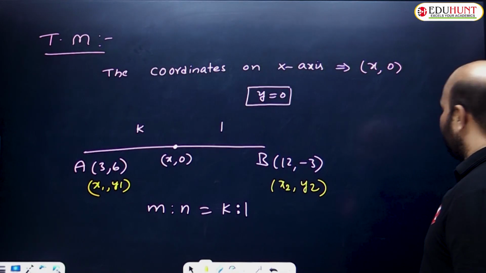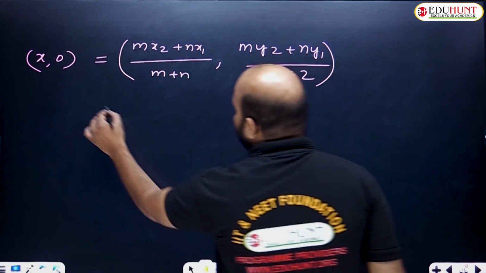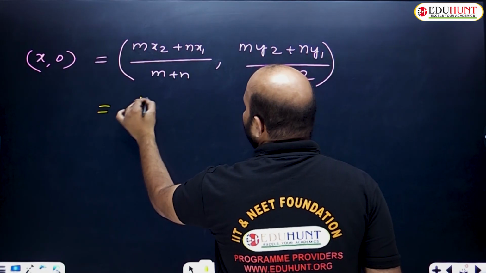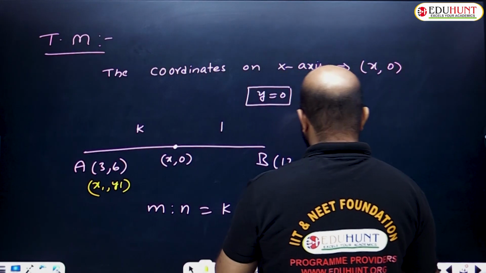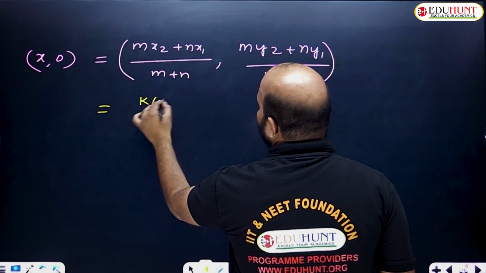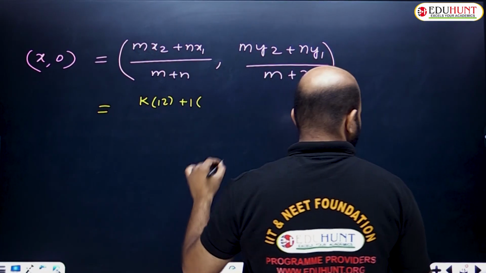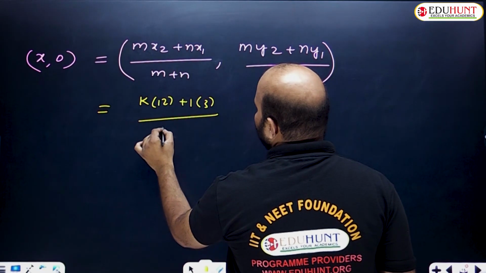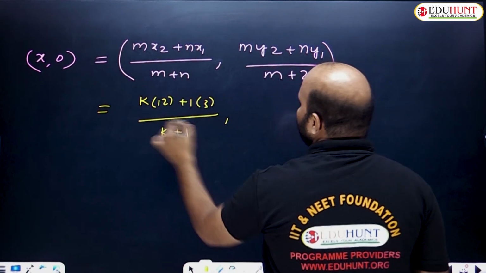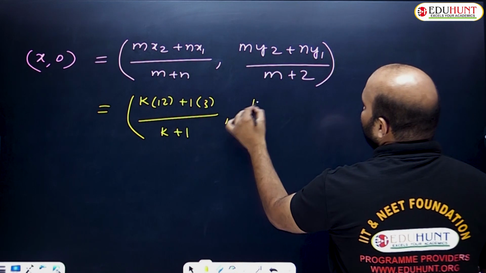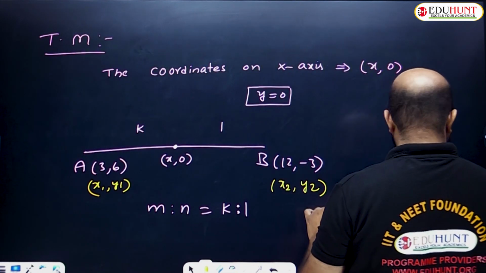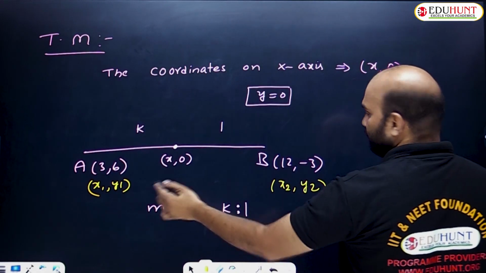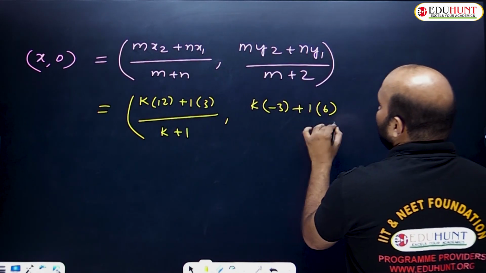So clearly we need to verify it. m into x2, what is the x2 value? k into 12, plus n value 1 into x1 value 3, whole by m plus n, nothing but k plus 1, comma, here m, k into y2 value minus 3, plus n, 1 into y1 value 6, whole by m plus n.